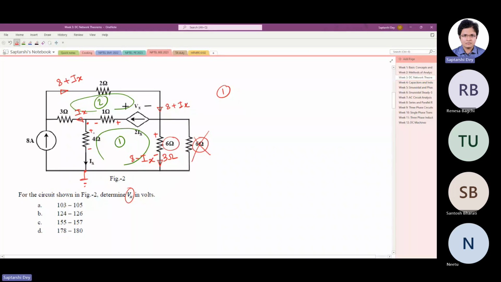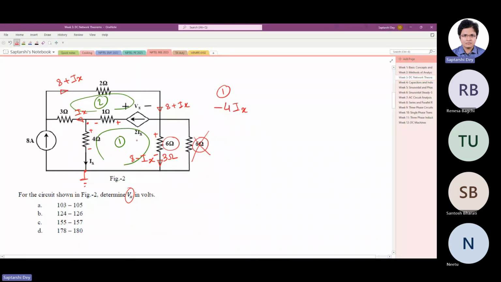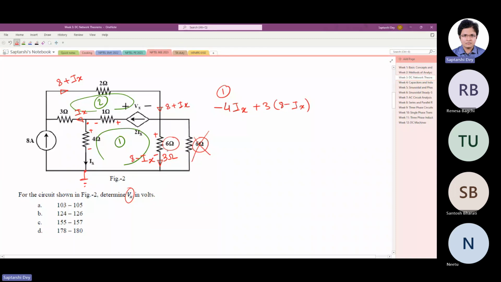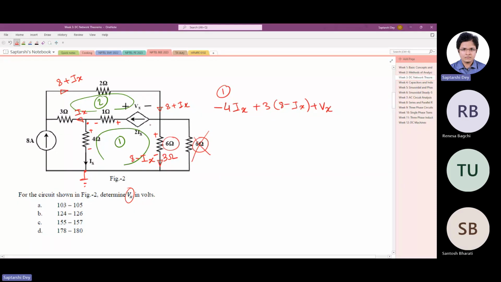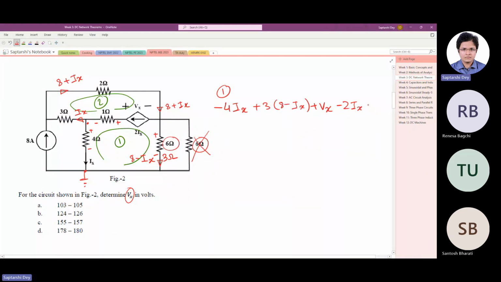So we'll write a voltage drop as negative and a voltage rise as positive, from this point. It's a voltage drop, so minus 4Ix, then a voltage rise, so 3 times (8 minus Ix), again a voltage rise, Vx, then a voltage drop of 2Ix times 1, drop so minus, equals 0.